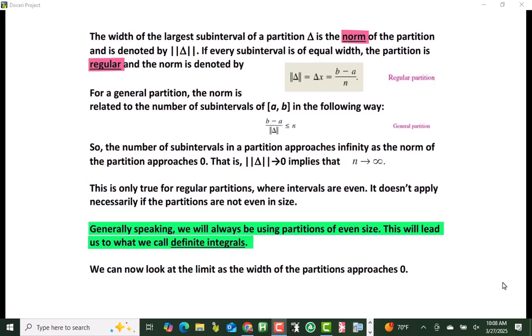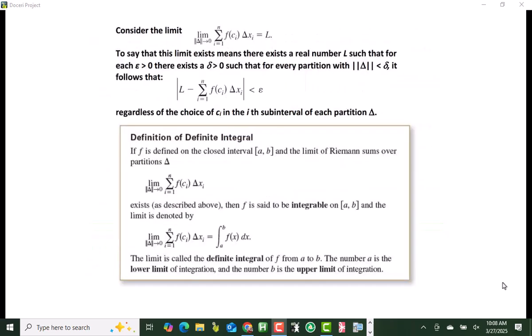And then we get to this concept of definite integral. Okay. Here's that delta epsilon concept. You give me how close you want to be, and I'll tell you how close the x value has to be. Very formal. Notice one thing, though. We get down to the bottom of this definition of definite integral.